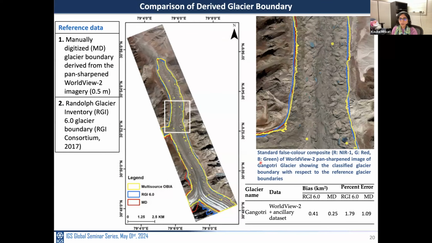As I said before, I have evaluated the glacier boundary derived using OBIA with the manually digitized reference boundary and the Randolph glacier inventory.